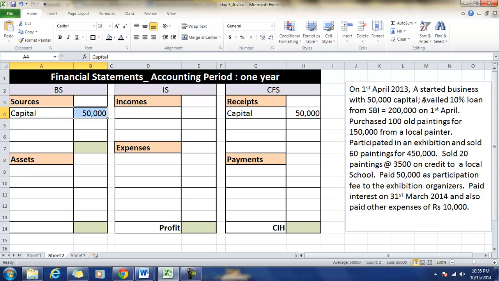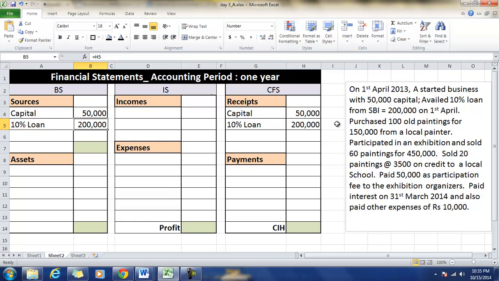A also availed a 10% loan from SBI on the same date, and once again the company received 200,000, and it's a receipt, not an income but a source. So we can see that every receipt is not an income. Till now both these receipts are sources, one as a capital and the other as a loan.